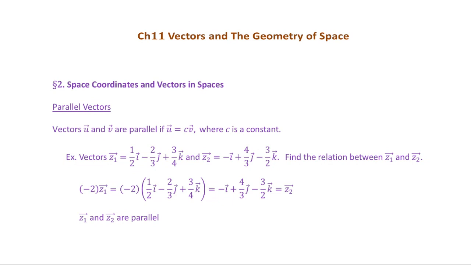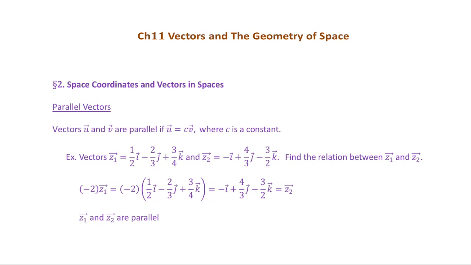We want to find the relation between z1 and z2. In other words, are they parallel, perpendicular, or neither? We can try to do the problem by multiplying z1 with -2, for example. There are different ways to do it.